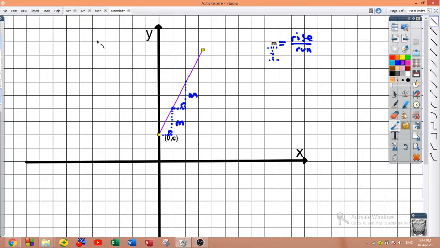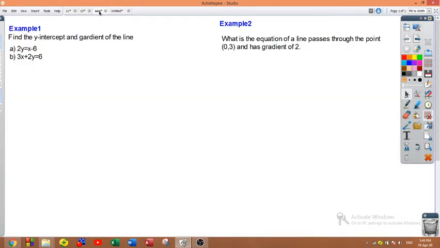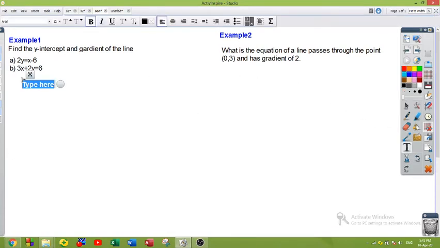Now let's solve. After this information, let's find the y-intercept and gradient of the line. Example A is 2y equals x minus 6.